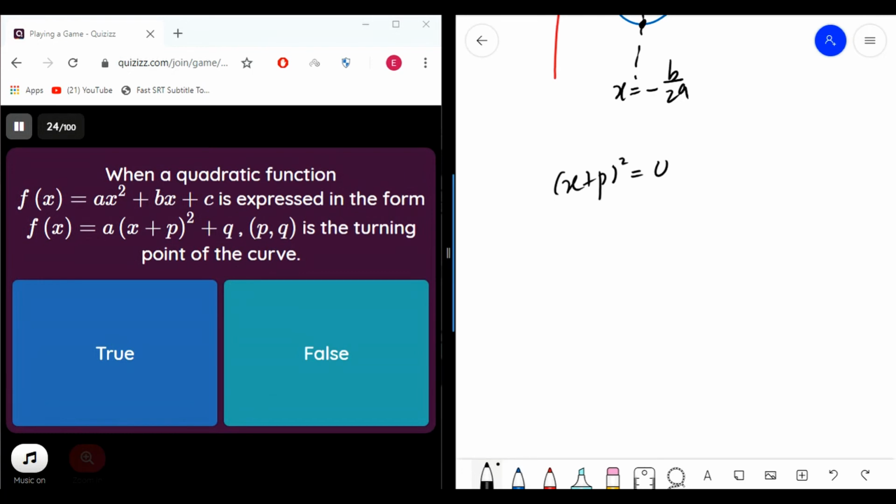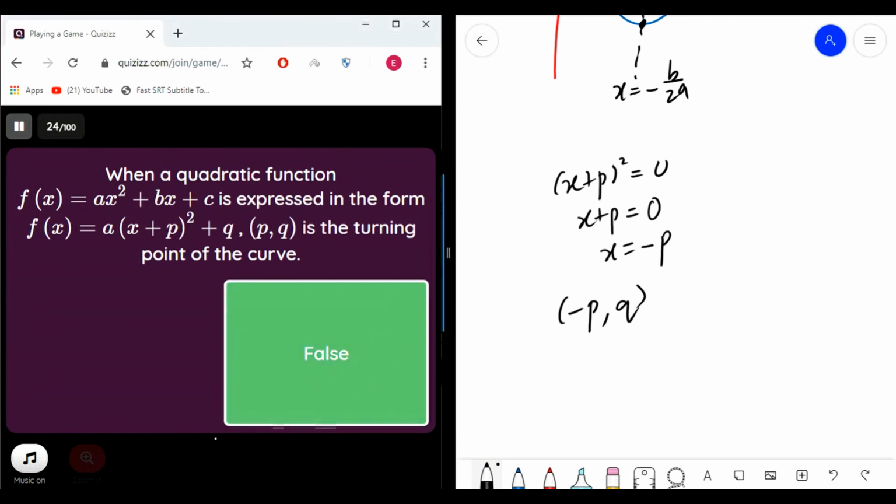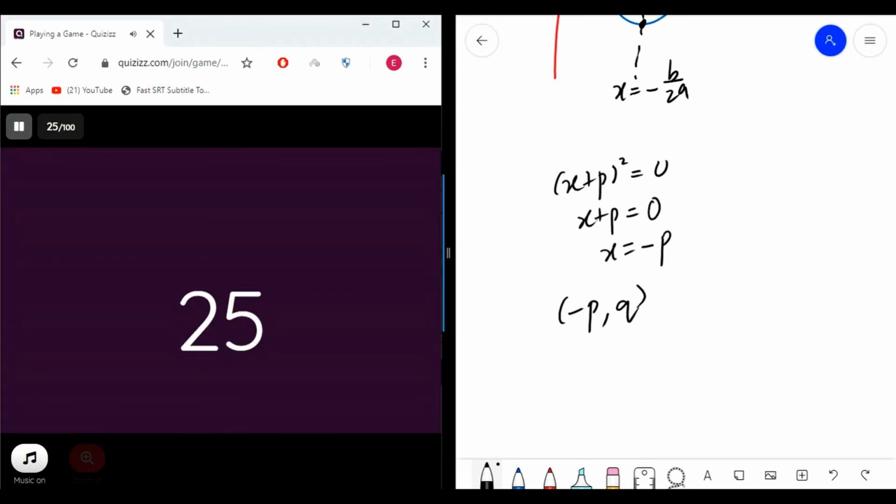Then we take square root on both sides. We'll have x plus p equals to square root of 0 is 0. Then we'll minus p from both sides. x equals to negative p. So the turning point should be (negative p, q). The statement is false.